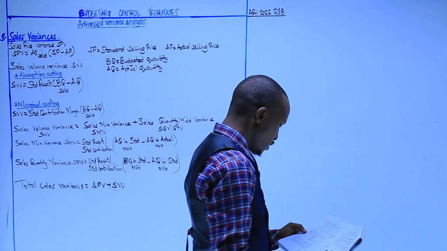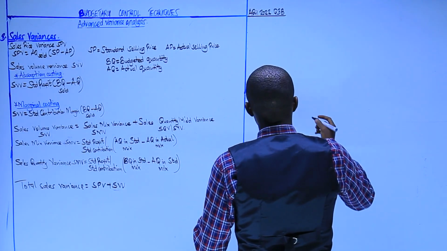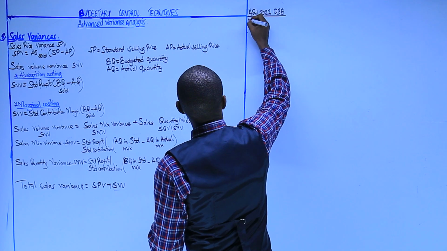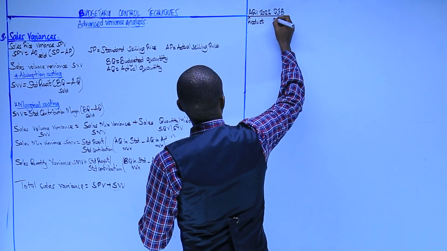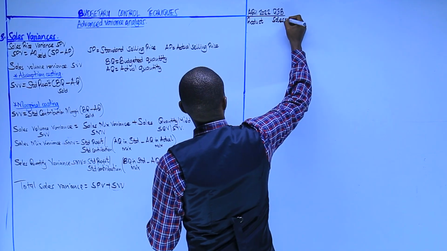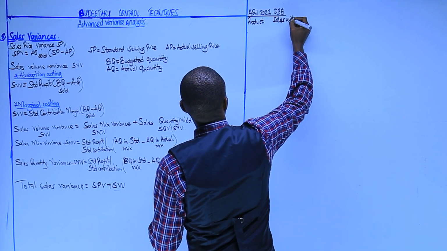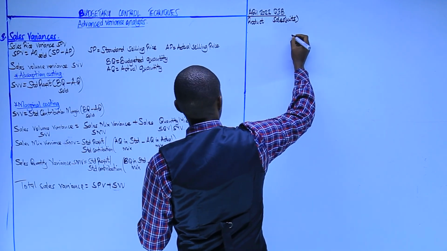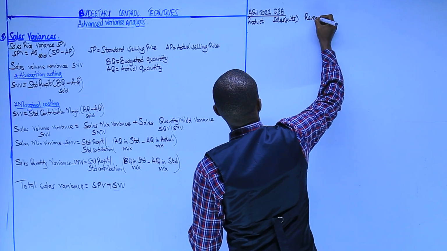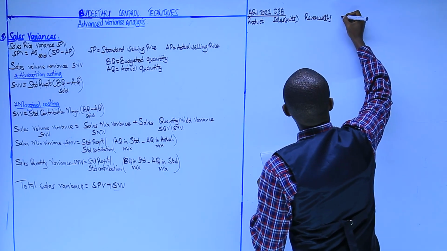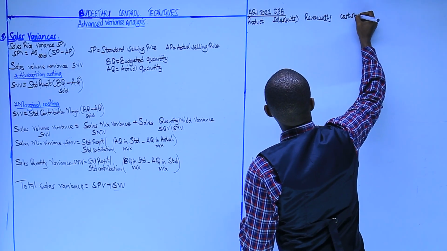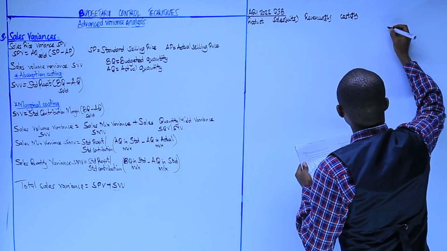Right. Let me have this question here. You will have your products, your sales in units, that is your sales quantity in units. You have the revenue in shillings, your costs in shillings.